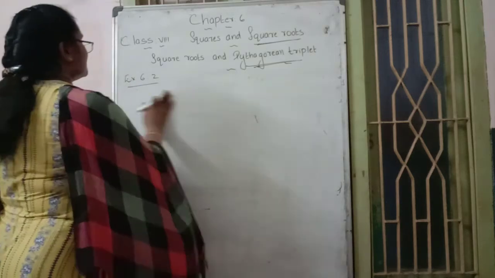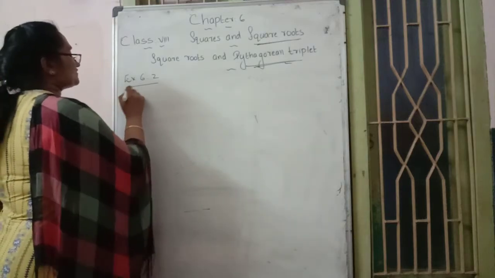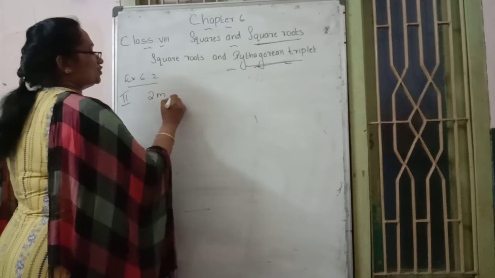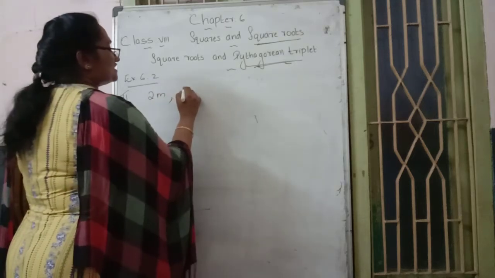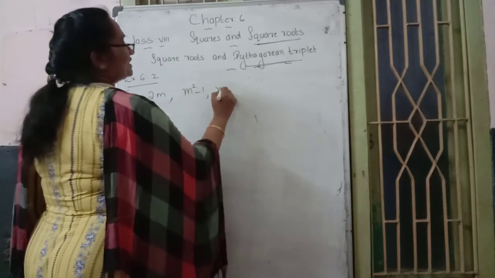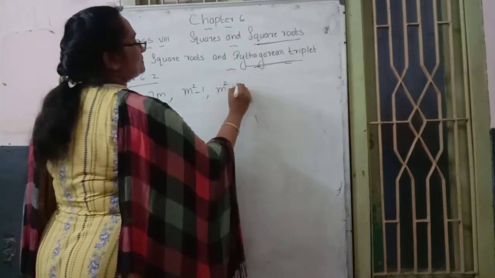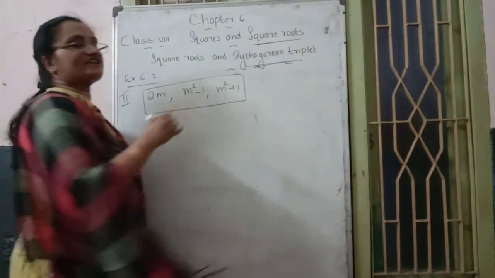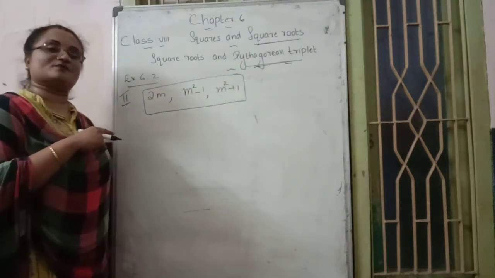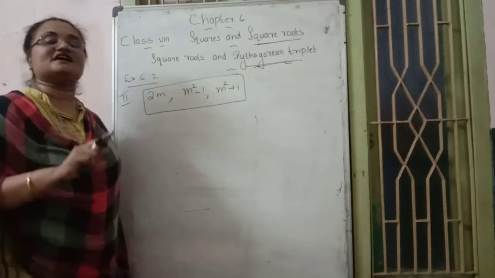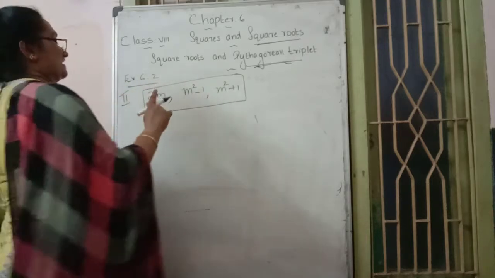How to find them? There is one formula: the first number is 2m, the second number is m square minus 1, the third number is m square plus 1. This is the formula for finding a Pythagorean triplet. Using this formula we are going to find the first, second and third numbers.